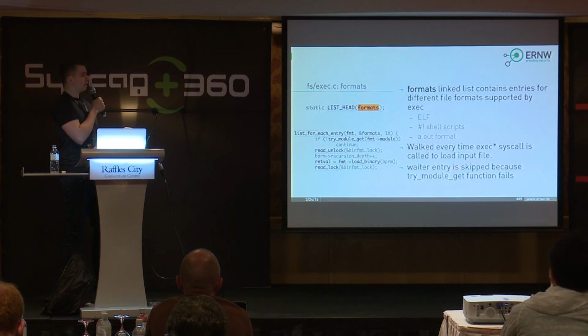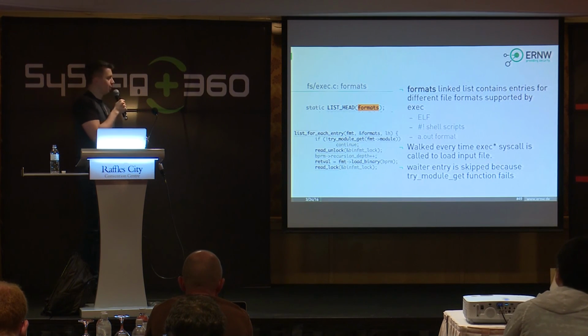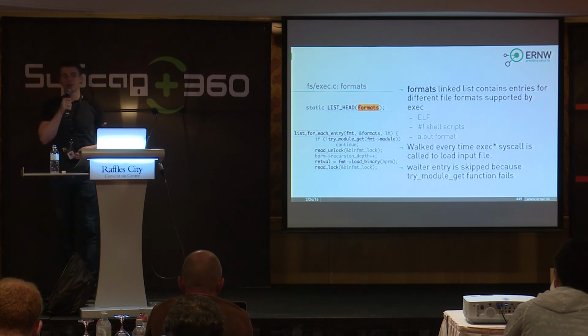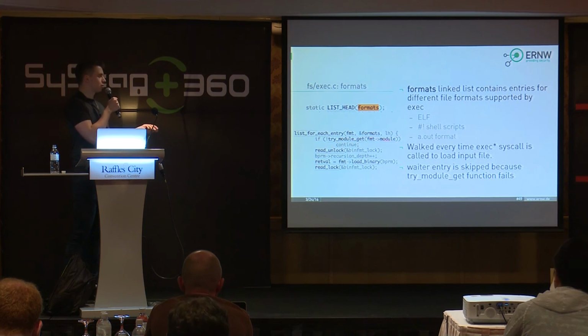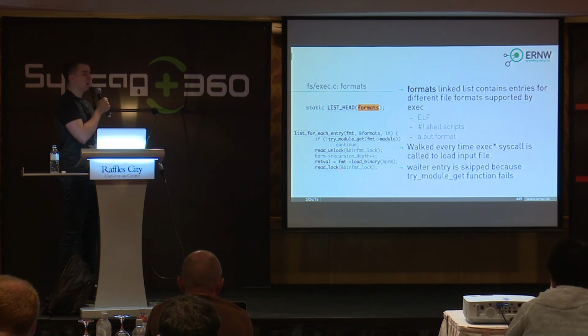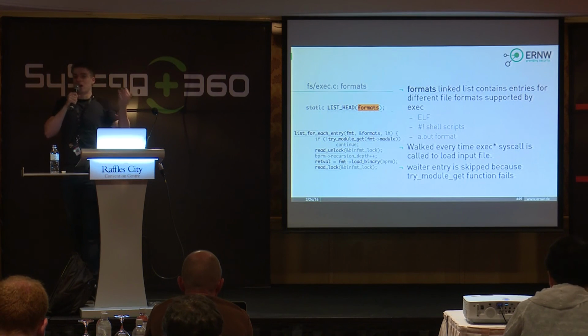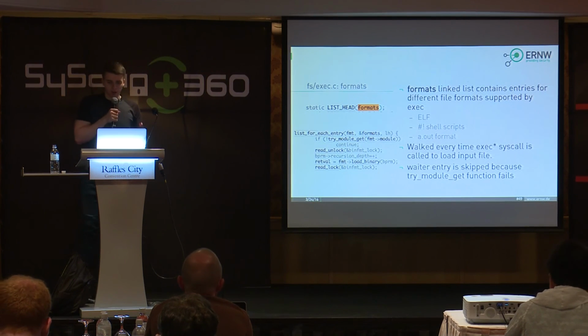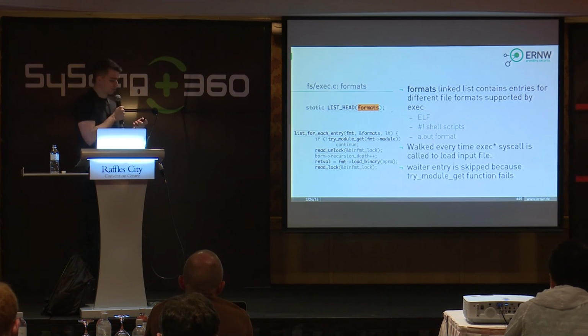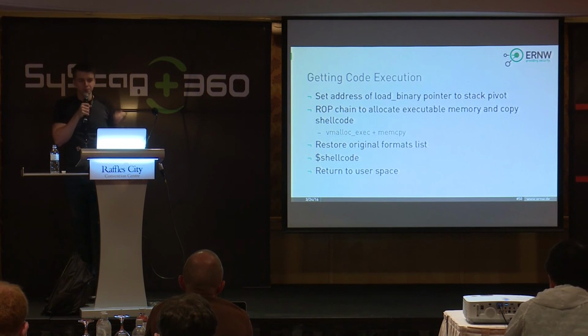Luckily, this waiter entry that's not in our control will be skipped, because the try_module_get function fails for this entry. So it's not a valid module here. So this one fails, we continue, come to the entry we control, and then we have an arbitrary function call. And from that on, it's quite easy to exploit this.